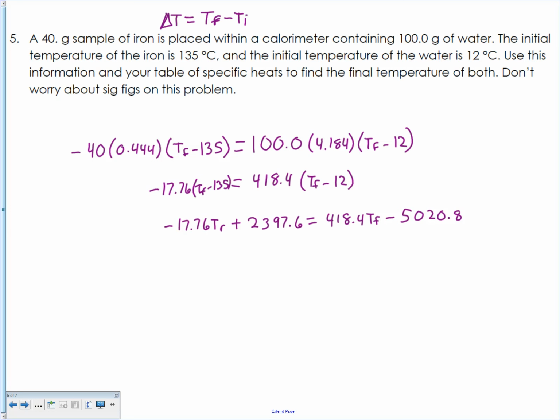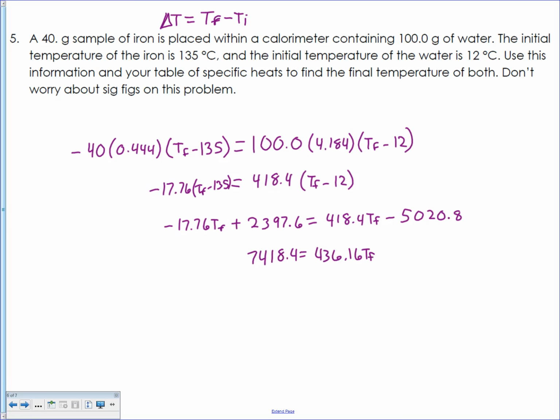So what we're going to do is we're going to bring the TFs to one side and bring the constant numbers to the other side. So we're going to go ahead and add 17.76 TF to both sides and add 5,020 to both sides. And then what we get here is 7,418.4 equals 436.16 TF.